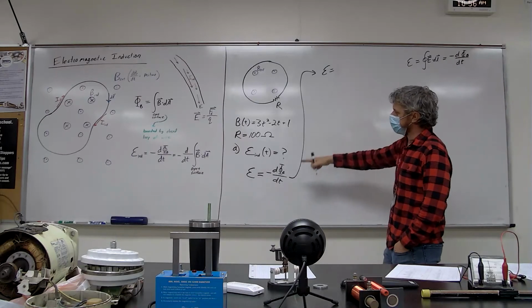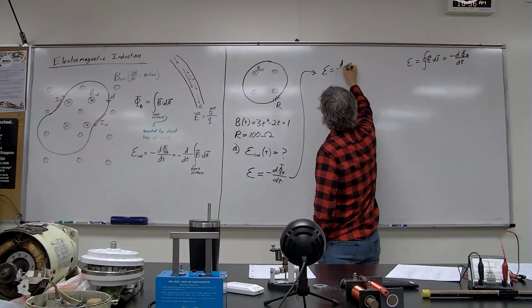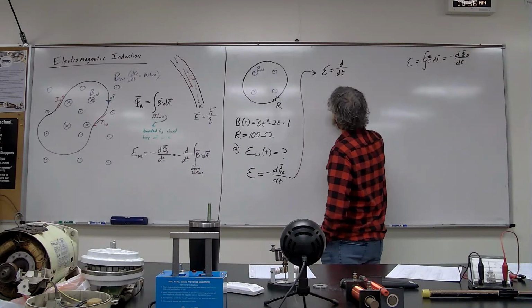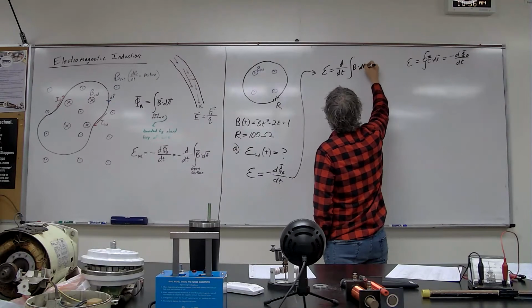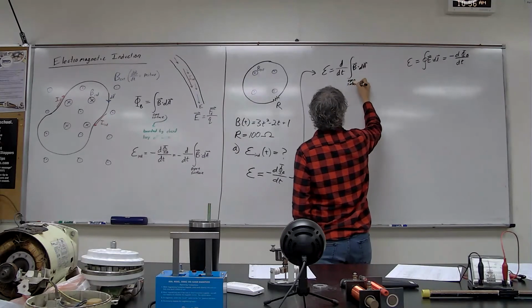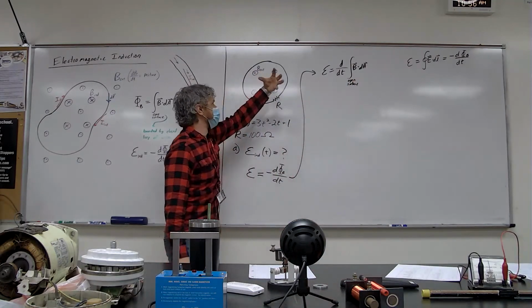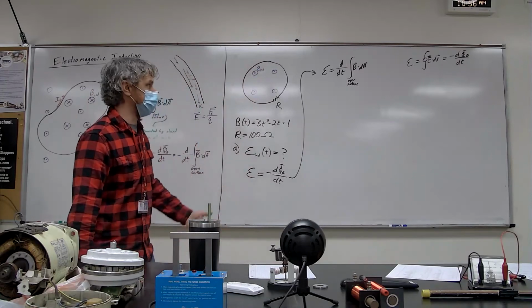So I'm just going to talk about the magnitude of the EMF. It's going to be the derivative with respect to time of the magnetic flux, which is the integral of B dot dA over that open surface. You don't have to write open surface all the time, but you do want to understand that it is the magnetic flux through this open surface that's bound by the wire, by the circuit itself.